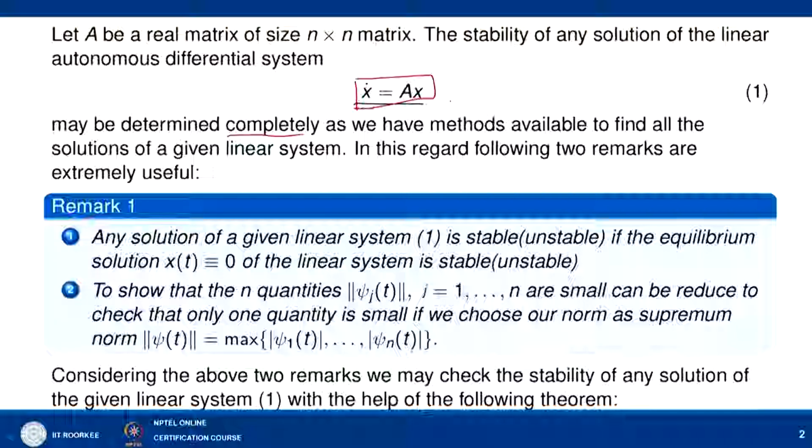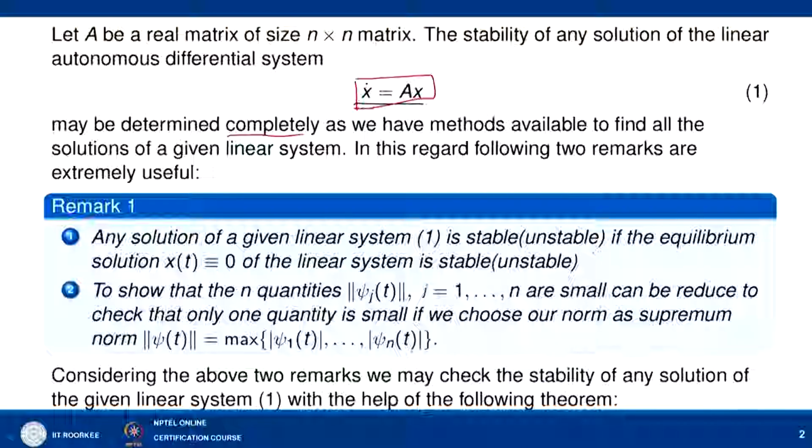In this regard we have the following two remarks. The first remark is that any solution of a given linear system x' = A x is stable or unstable if the equilibrium solution x(t) identically equal to 0 of the linear system is stable or unstable. So, what this remark says is that if x(t) identically equal to 0 is stable, then any solution is stable, and vice versa: if any solution of a given linear system is stable, then the 0 solution is also stable.